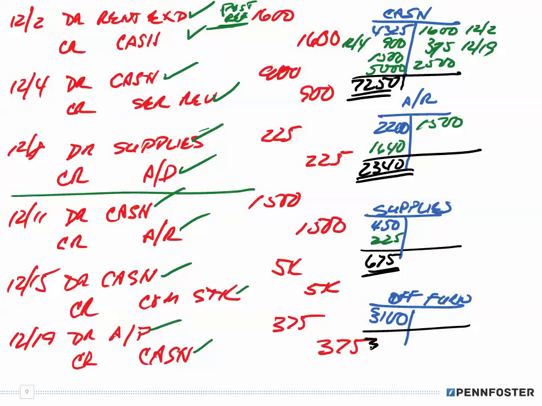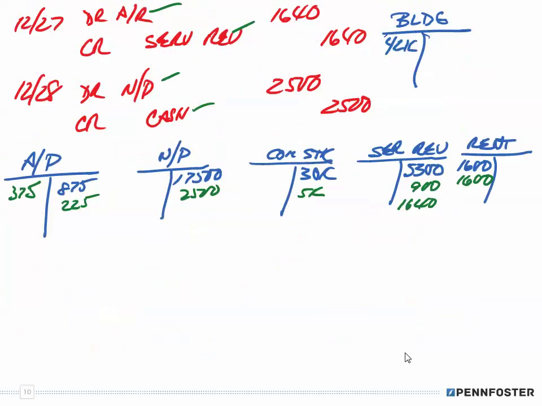For office furniture, it's 3,100 since I have no credits. For building, it's 42,000 since I have no credits. For accounts payable, it's on the credit side, because remember, accounts payable is a liability and the normal balance for a liability account is a credit, so my credit side should be greater.